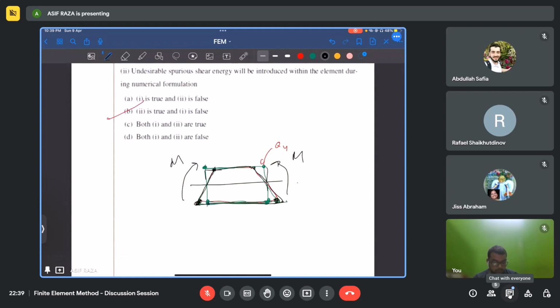It should be like this because the upper part would contract and the lower part would expand.